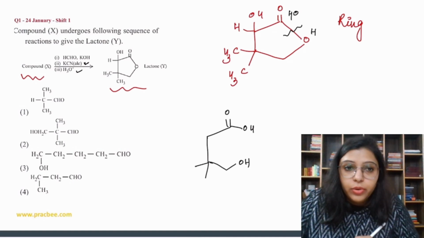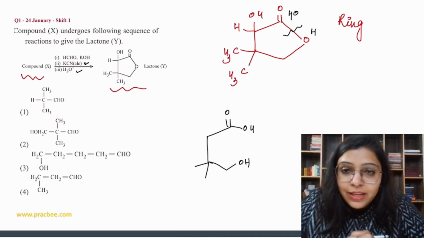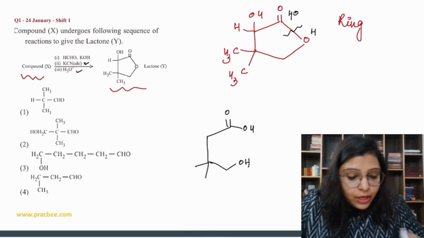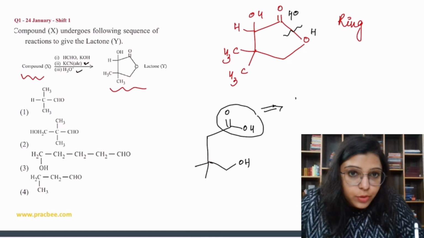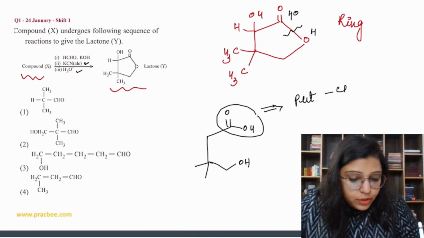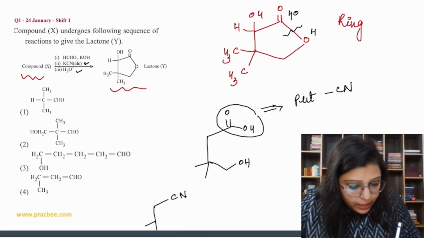Okay, so this is going to be the previous product. Then we have KCN alcoholic KOH. Ab KCN, this is the carboxylic acid na. It means in this place we have to put cyanide, we have to put CN. So if we put CN in this place, so we write CN and then methyl and here we write OH.